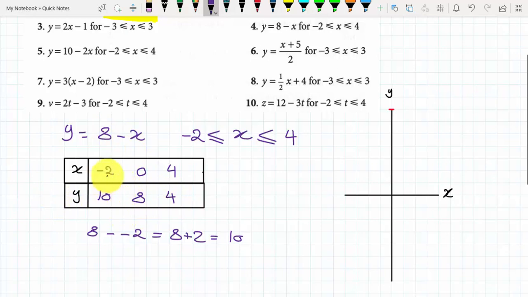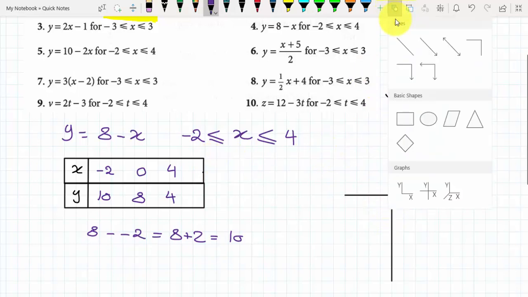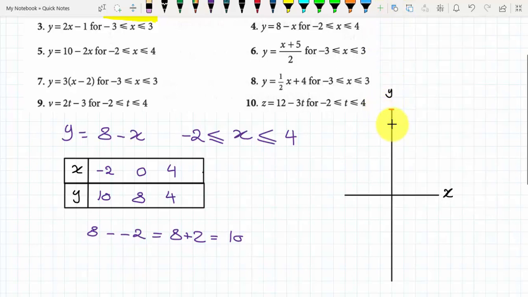Now, to draw the graph of this equation, we need to plot these 3 points on this xy axis. And as you see, the y is going up to 10. It's fine if you say my y-axis is going by 2, or you can extend the y-axis in a way to fit 10 coordinates.